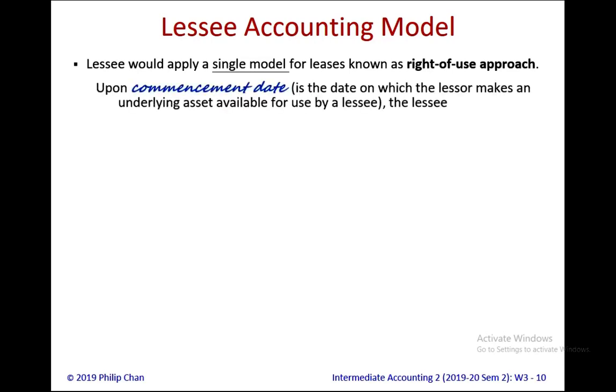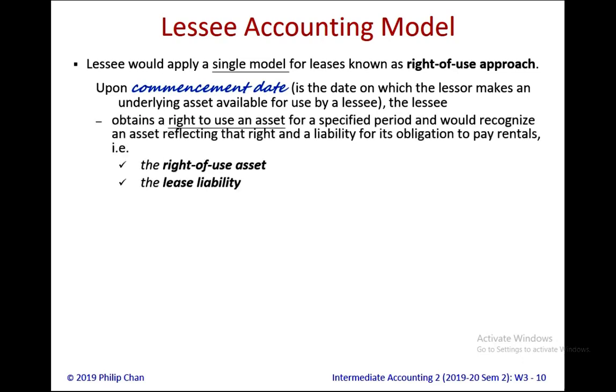Upon commencement date, the day where the lessor allows the lessee to control that identified asset, the lessee obtains the right to use an asset for a specified period, and would recognize an asset reflecting that right, and a liability for its obligation to pay rentals. So it makes sense, right? It is consistent with the definition of assets within the conceptual framework.